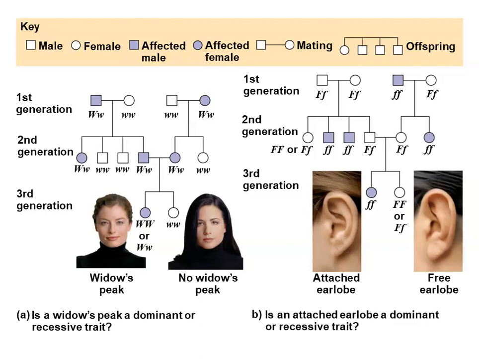And that's most likely because it was a recessive trait. If we keep working our way back, we see that in the first generation, we had on the right-hand side, a parent that had an attached earlobe and one that did not, and they produced two children, one that did and one that did not.